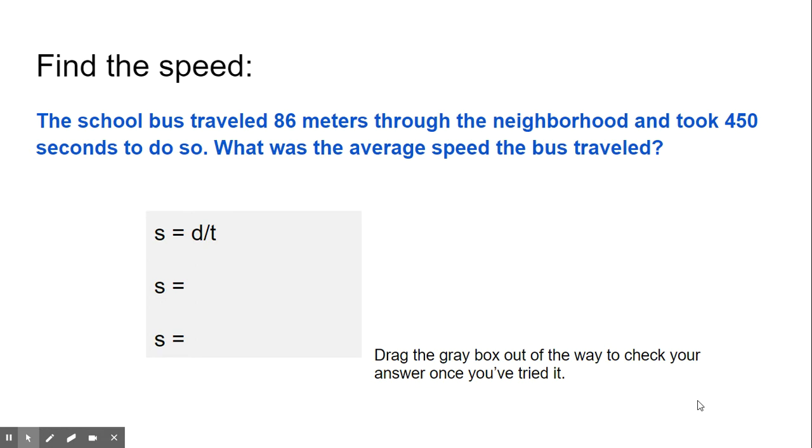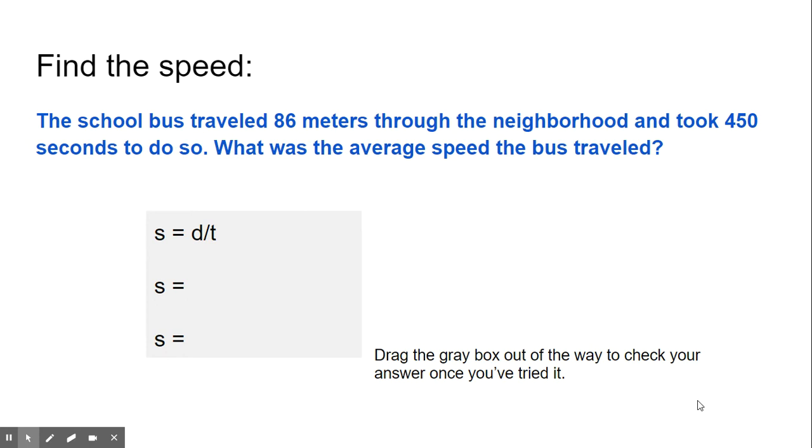Once again, a school bus traveled 86 meters through the neighborhood and took 450 seconds to do so. What was the average speed that the bus traveled? So what you can do right now is go ahead and try this one yourself, if you are following along with the guided slideshow. If not, you need to go ahead and open that now if you haven't done so already.